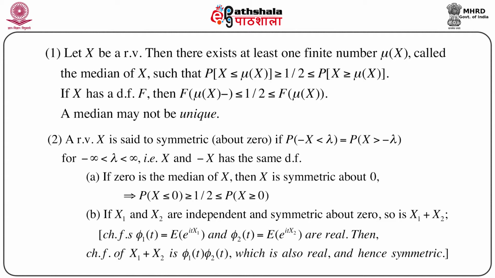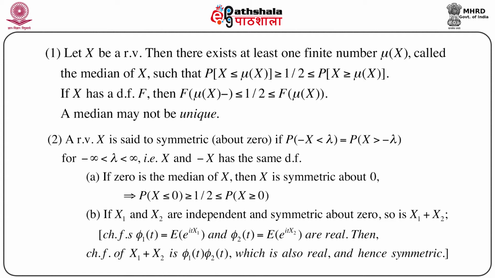Since X is a random variable, it has a distribution function. If this distribution function is capital F, then F(mu_X minus) is less than or equal to half, which is less than or equal to F(mu_X). Clearly from this definition, the median may not be unique. That really doesn't matter too much in the theory of probability.